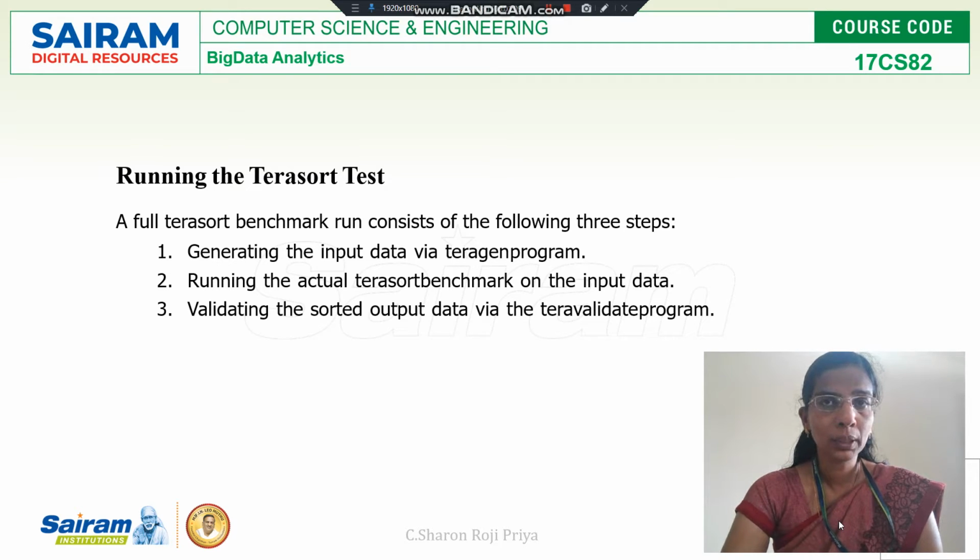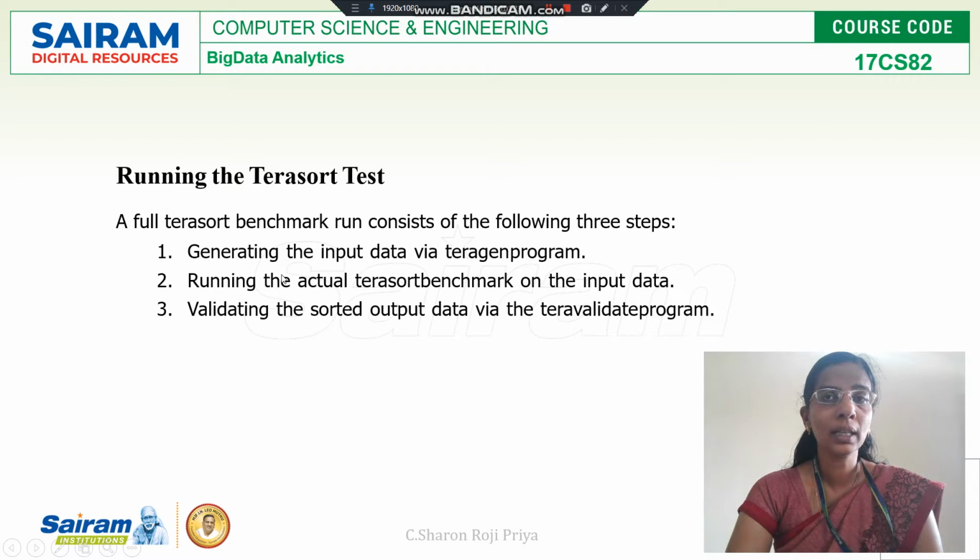The first step in the TeraSort benchmark is to generate a huge volume of random numbers using the TeraGen program. Usually, I'll generate 50 GB of data.